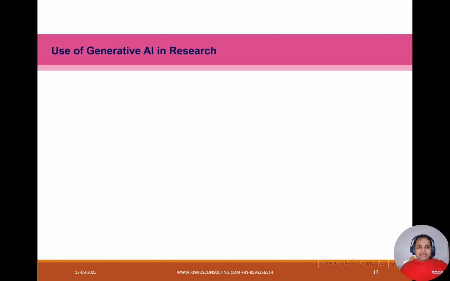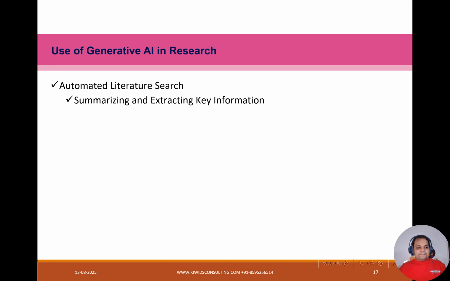Use of generative AI in research, so automated literature search, summarizing, topic clustering and trend identification. So if we talk about a lot of digital marketing and social media marketing that happens these days, it is all about identifying the trend.